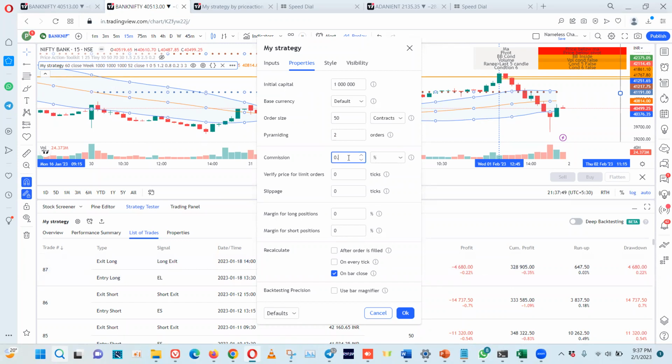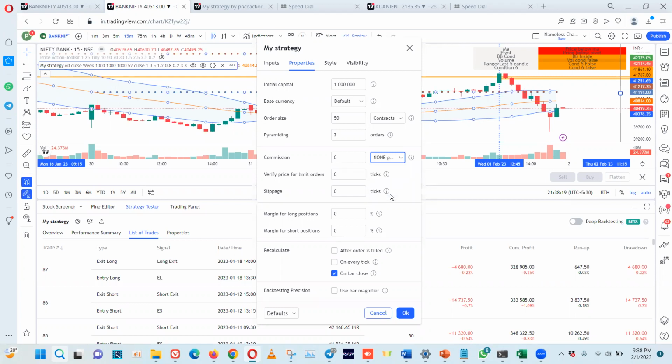Can anyone tell me how much commission will be adequate per transaction for Bank Nifty? ₹20 usually, one for one execution. That is brokerage. Yes. And what about slippage and other charges of government? How much will it be?